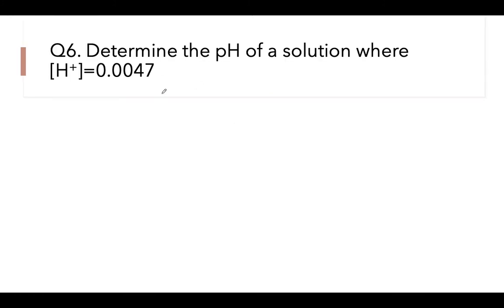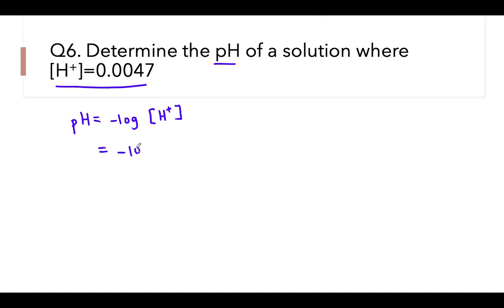Question 6. Determine the pH of a solution where I'm given a hydrogen ion concentration of 0.0047. Let's rewrite the formula. pH is equal to negative log hydrogen ion concentration.